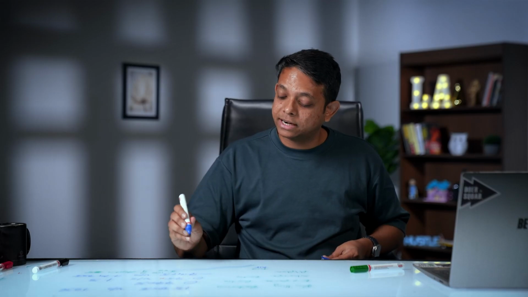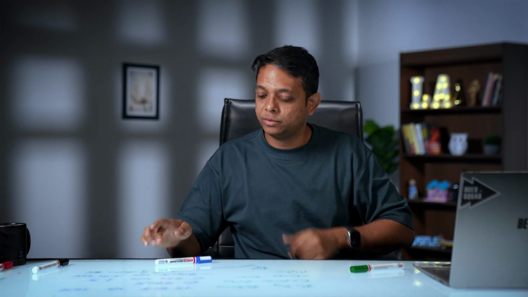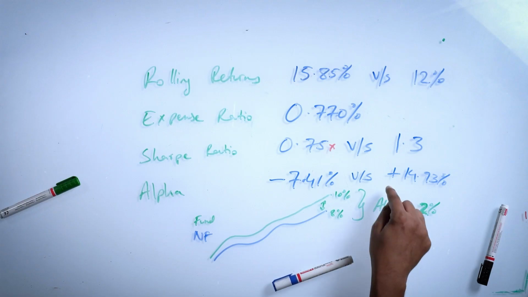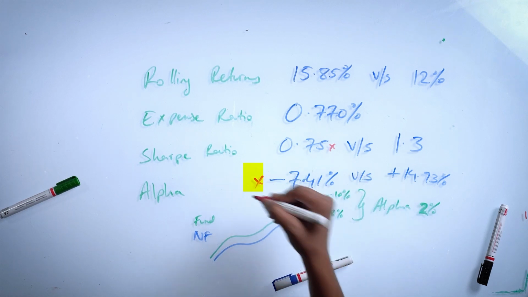So clearly, if someone had invested in Nifty, he would have done a better job. I actually looked year-wise and I saw that 2 years, 2021 and 2022, didn't do so well, which is why this number is here. But before that, the fund did okay. So this is actually a red flag, and I'll mark this as red, not good.